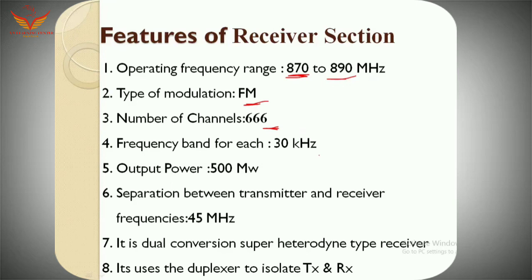Frequency band for each channel is 30 kilohertz. Output power is 500 milliwatt. Separation between transmitter and receiver frequency is 45 megahertz. The main feature is that it is a dual conversion superheterodyne type receiver, and it uses a duplexer to isolate the transmitter and receiver signals. These are the features of the receiver section.